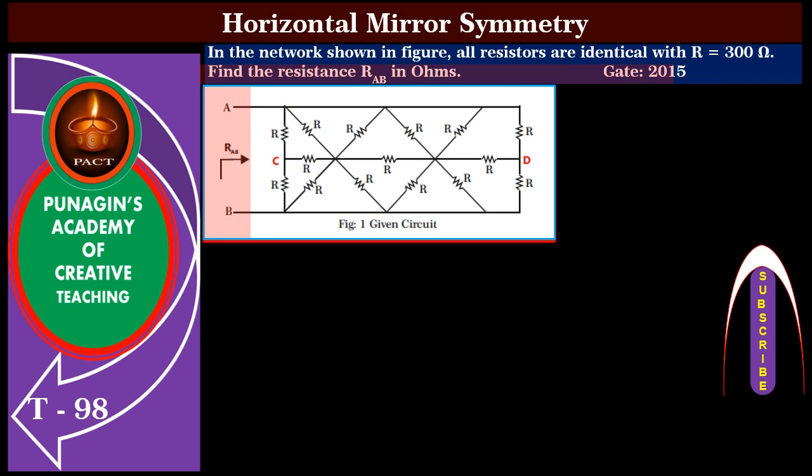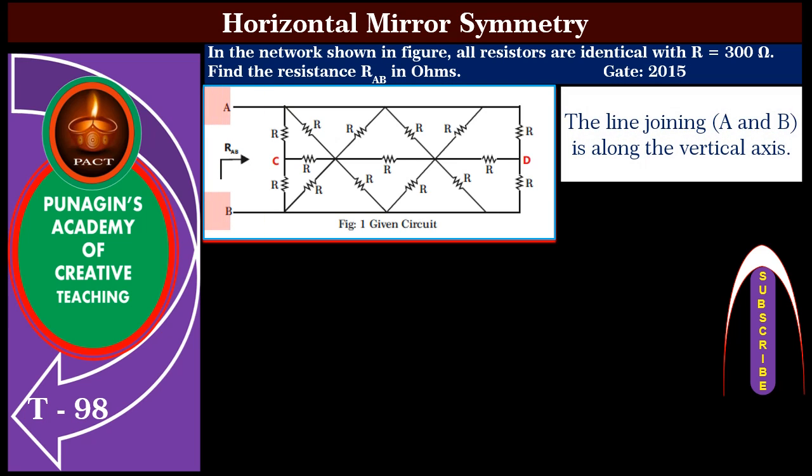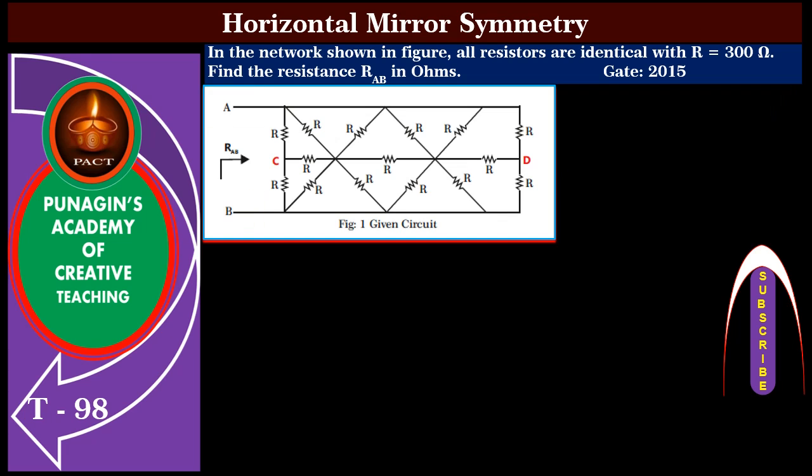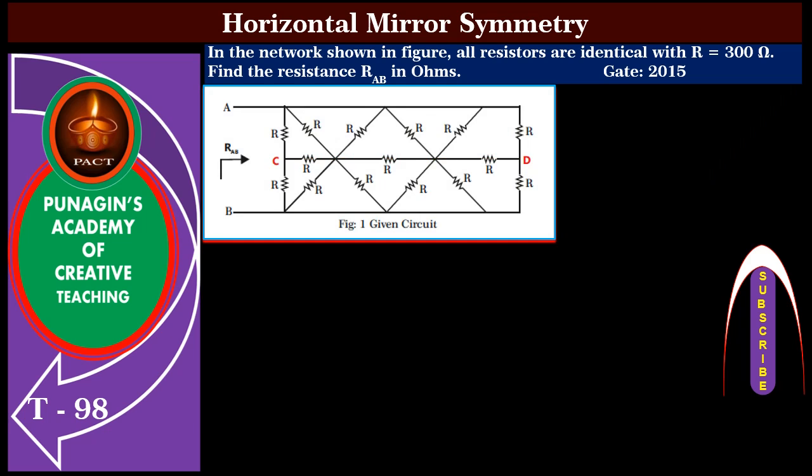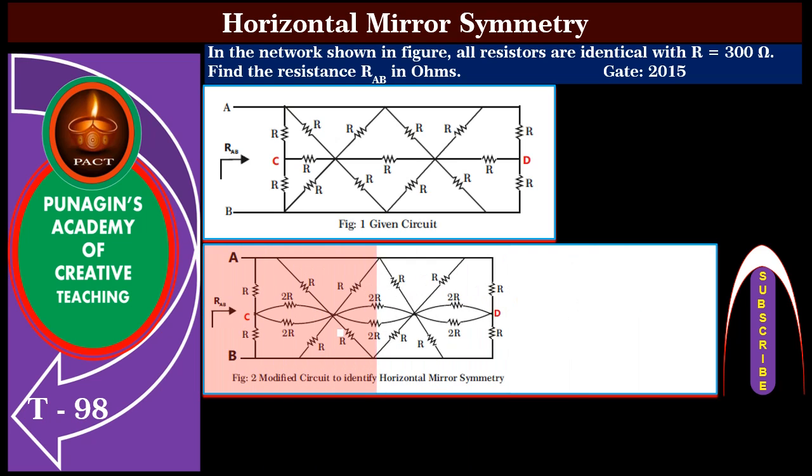We want to find RAB and the line joining A and B is along the vertical axis. So, we need to think of modifying the given circuit along the horizontal axis to identify the horizontal symmetry. Hence, let us modify the circuit as shown in figure.